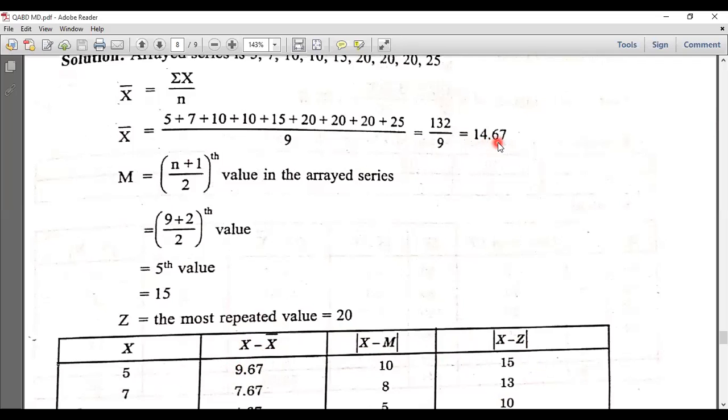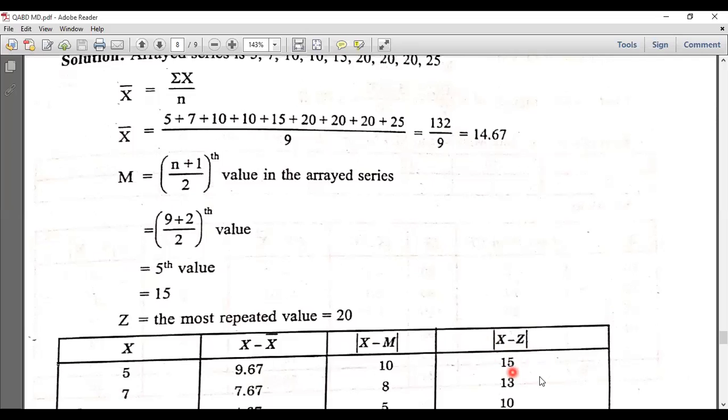The mean we got is 14.67. x is equal to 5. 5 minus 14.67 gives 9.67. That is mod d. Again, the median we got is 15. x is 5. 5 minus 15, we get 10.